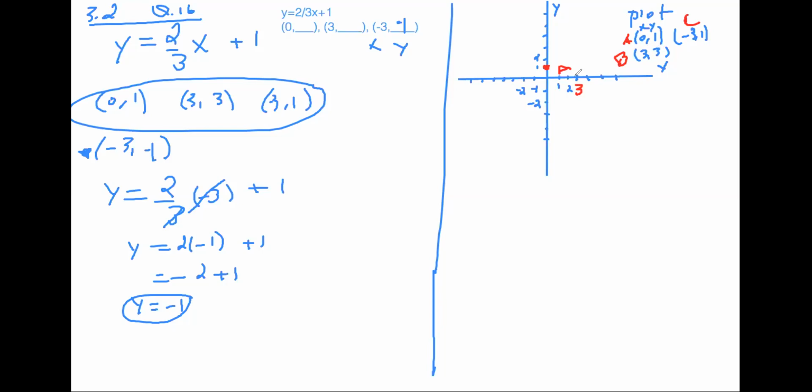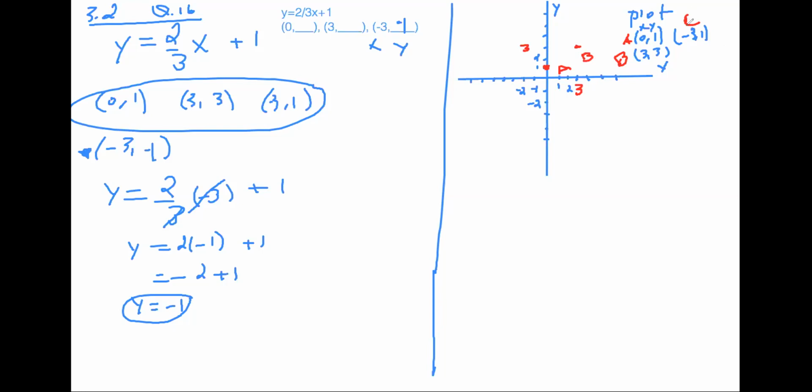Y is positive 3. So we go 3 up. If it was negative, it would go down. If the y was 0, you'd stay right here. So start from x 3 on this axis and go up 3. So it's going to be 1, 2, and 3. So that's the second point, B.